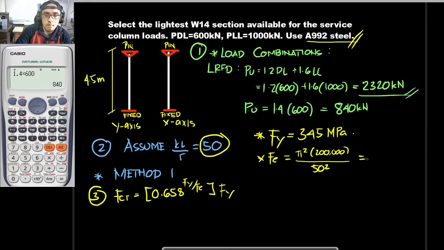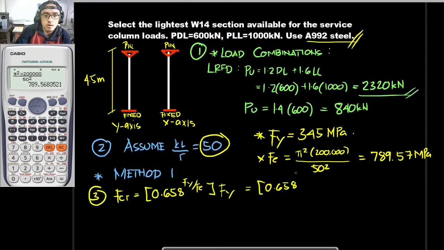So from that, ang ating Fe would be pi squared times 200,000 divided by 50 squared. So our Fe would now be equal to 789.57 megapascals.